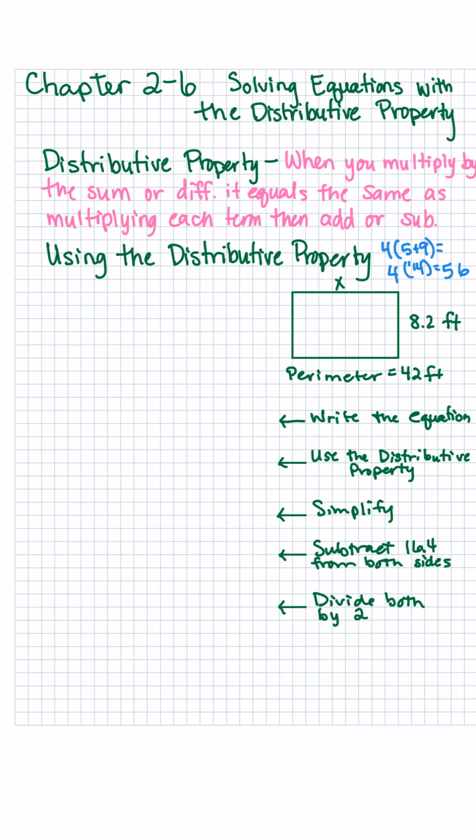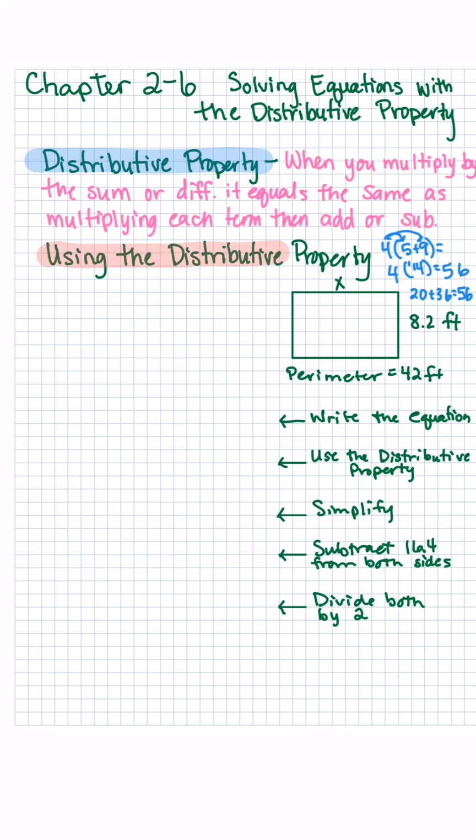Or we could do 4 times 5 is 20. 4 times 9 is 36. 20 plus 36 equals 56. So the distributive property is just saying that you can do it either way. You can distribute it in, and it's equal to the same thing as if you add them together and then multiply by the term.